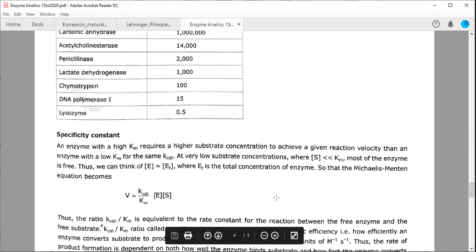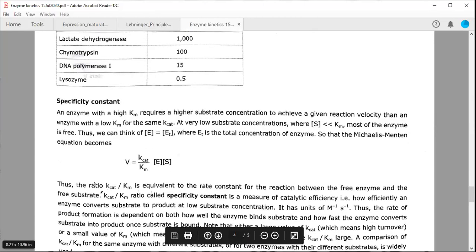You can also show it as a ratio. This kcat divided by Km is equivalent to the rate constant for the reaction between the free enzyme and the free substrate. This is also called the specificity constant.